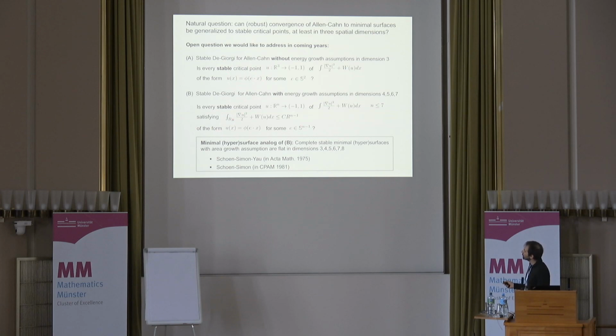This, I believe, should be easier than this, but comparable. Maybe it's still easier, but still it is not known how to do it. And when you do this, there are many consequences that follow. For instance, it has application in all this theory of min-max minimal surfaces. You can construct min-max minimal surfaces that are smooth up to dimension 7 and things like that.